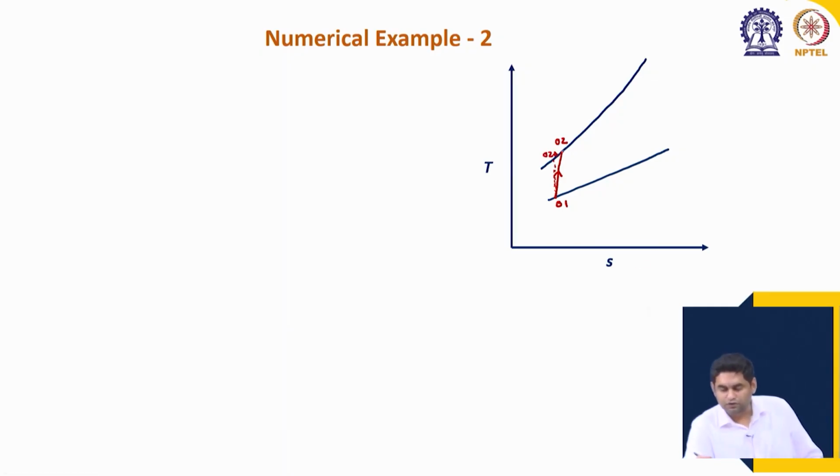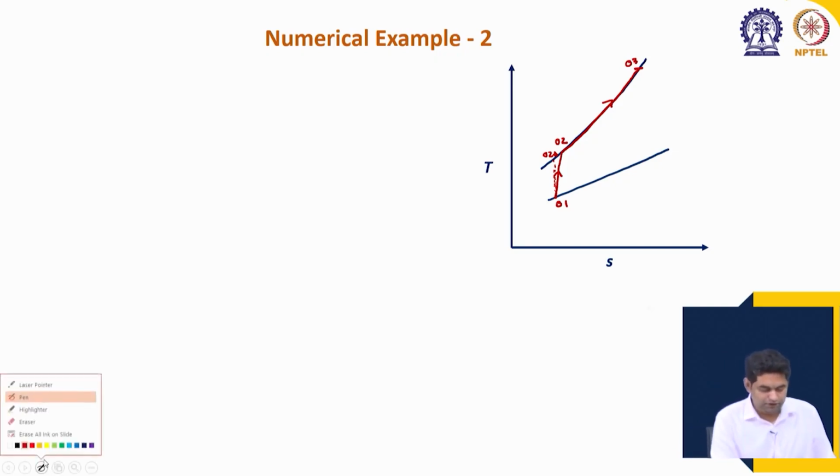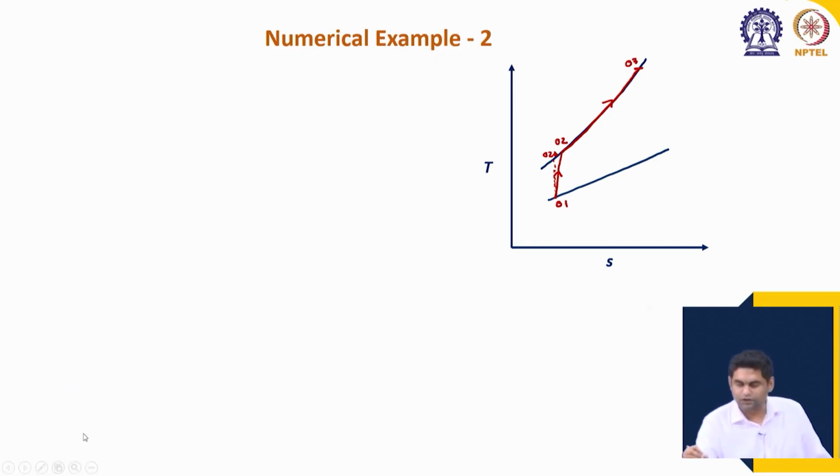From 02 to 03 is the combustion process. Then from 03 to 04, 4 is some intermediate pressure, we do not know, it is not stated what is pressure P04. So, from 03 to 04 is the expansion in the high pressure turbine, and from 04 to 05 is the expansion in the low pressure turbine.